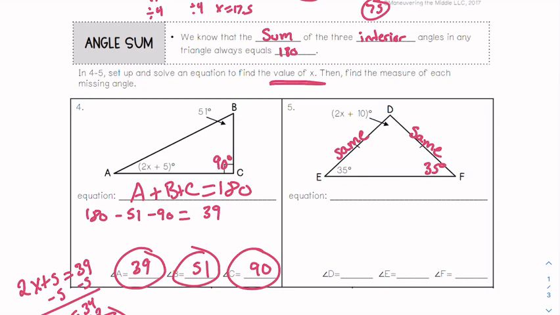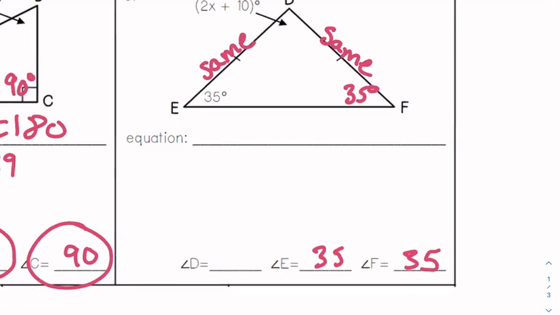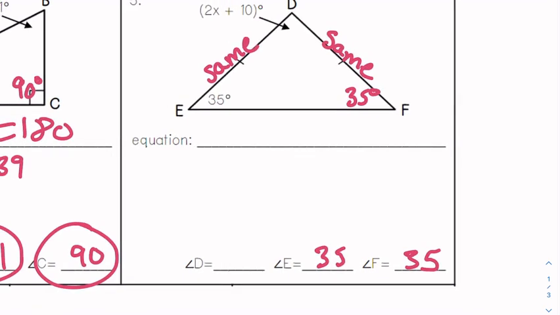So I'm going to fill that into my picture. And then I'm also going to fill it in down below where it asks me for the measure of the angles. Okay, we know angle E is 35, and we know that angle F is 35. All right. For our equation, we know that D plus E plus F, all 3 together equal 180 degrees.